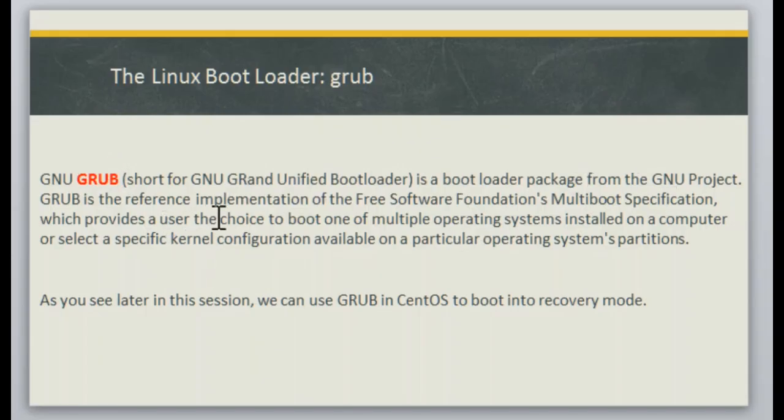Grub is the reference implementation of the Free Software Foundation's multi-boot specification, which provides a user the choice to boot one of multiple operating systems installed on a computer, or select a specific kernel configuration available on a particular operating system's partitions. So, as we're going to talk about here in a few slides, you can use the Grub bootloader to boot into recovery mode. Okay, guys. So all this Grub bootloader means is we can pick which OS and which image to use when we're loading. Okay.